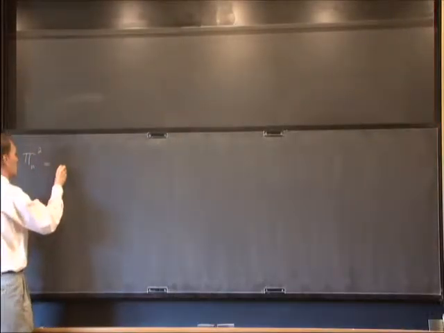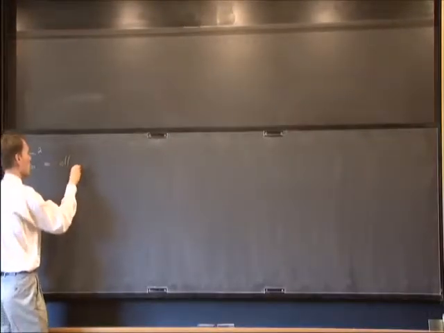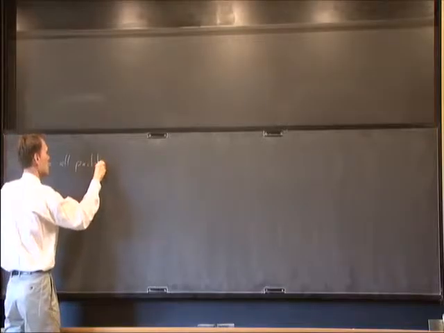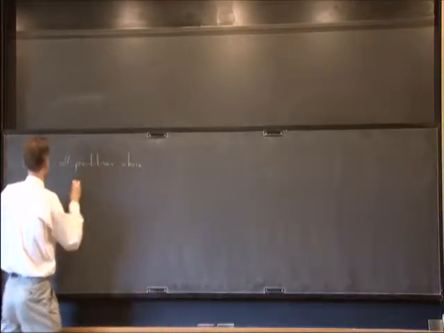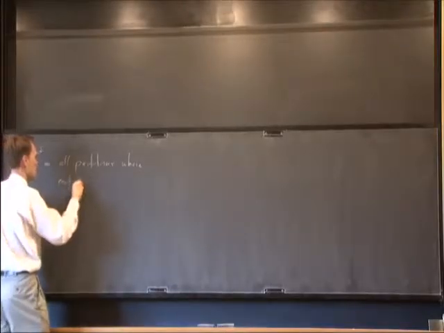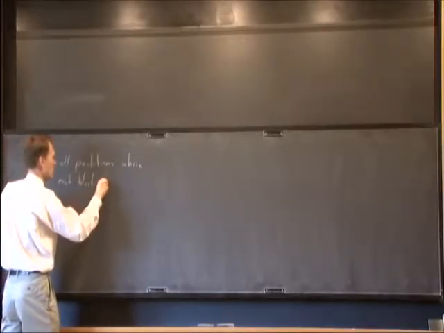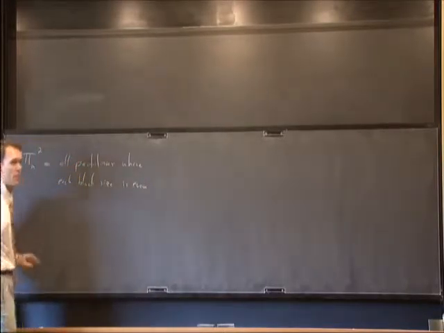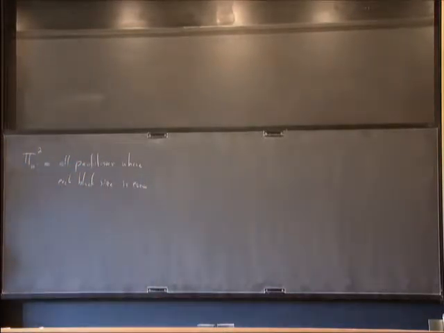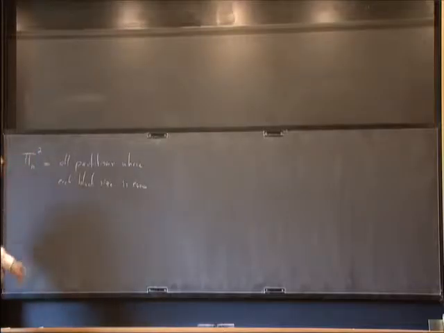So now let's look at this poset. It's going to be all partitions where each block size is even, i.e. each block size is divisible by 2. That's my index there.